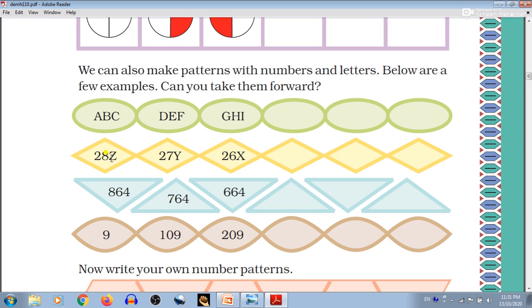Before Z comes Y, before Y comes X. Similarly, before 28 comes 27, before 27 comes 26, before 26 comes 25, before 25 comes 24.